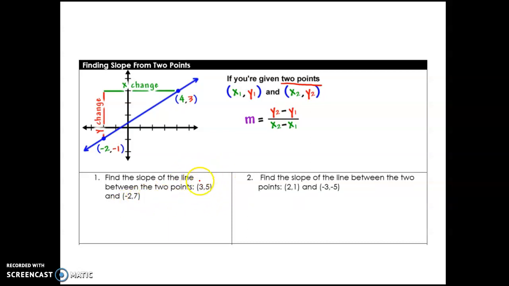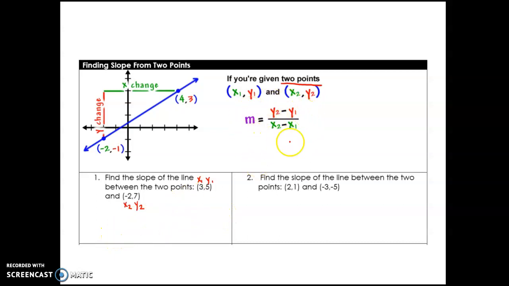So 3 is my first x value, so that's x1. 5 is my first y value, so that's y1. Negative 2 is my second x value, so x2, and 7 is my second y value, so y2.